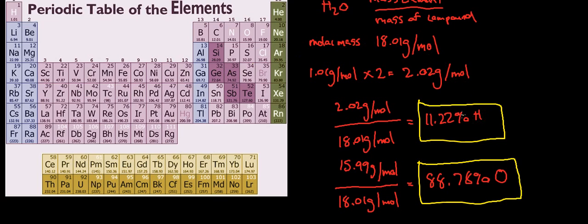So even though there are two, oxygen is 88% of the mass. And for an easy check, both of these should add to 100, or 99.99, or 100.001, or something like that. That is due to rounding, and the only reason it wouldn't equal 100 is because of rounding.